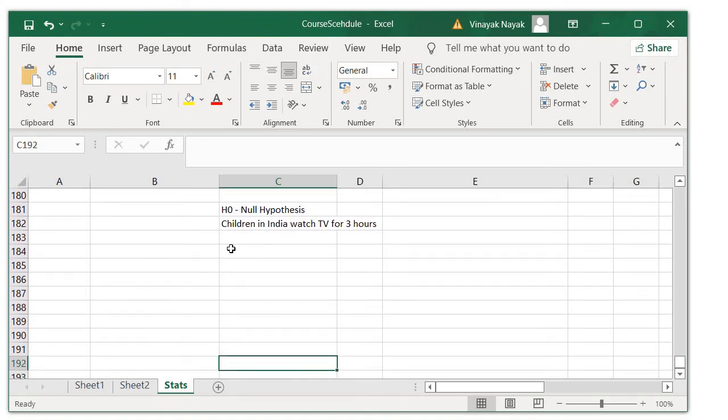This is a starting point so that we can decide whether this is likely to be true. The basis of the decision is to determine whether this assumption is true. In hypothesis testing, we start by assuming that the hypothesis or claim we are testing is true. So in this case, we will start by assuming that the children in India watch TV for 3 hours.